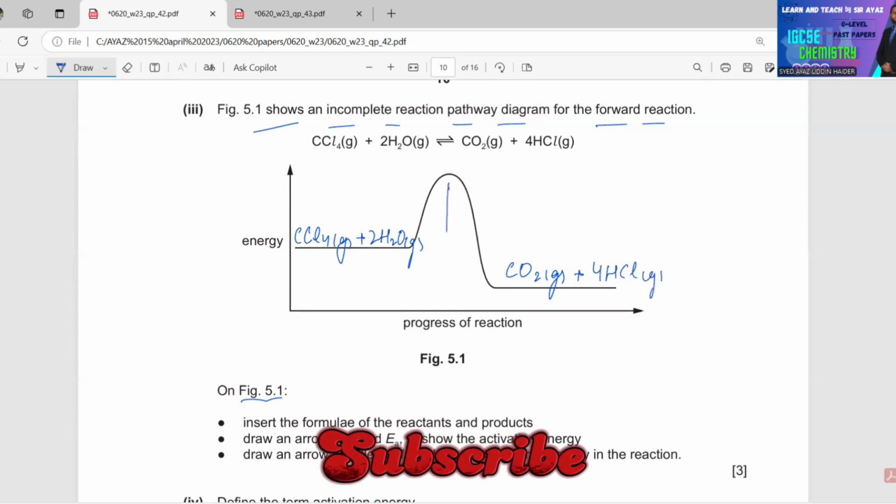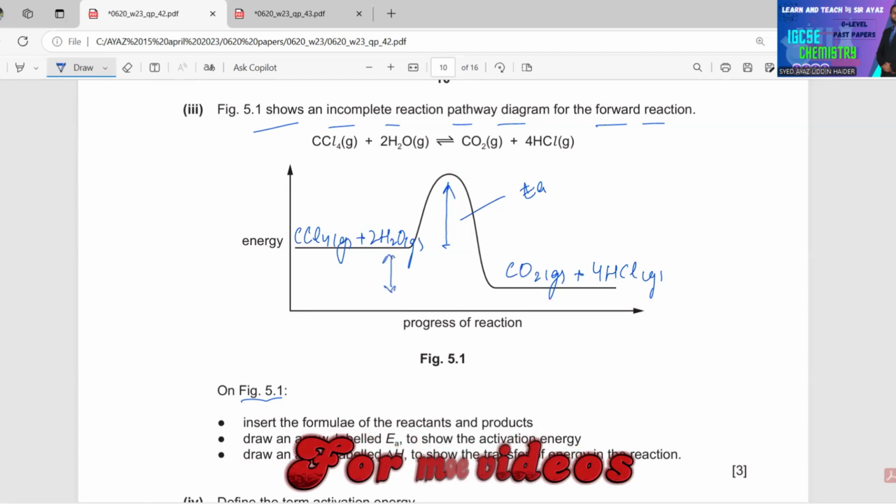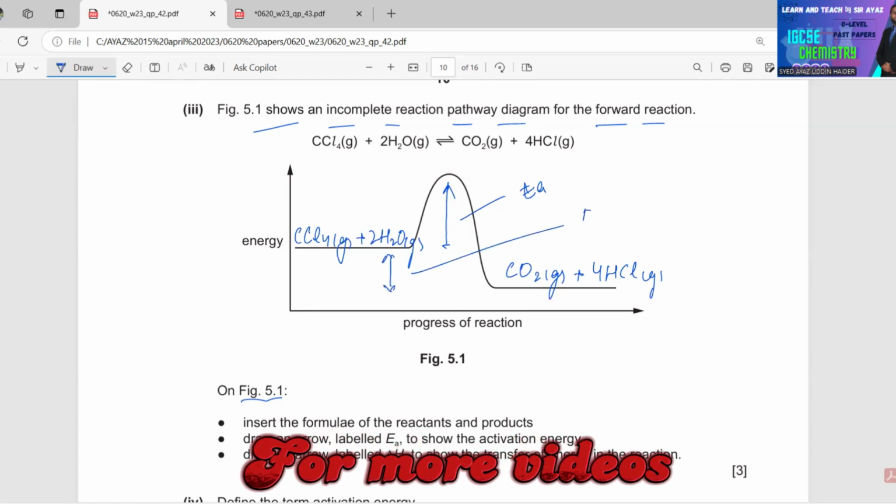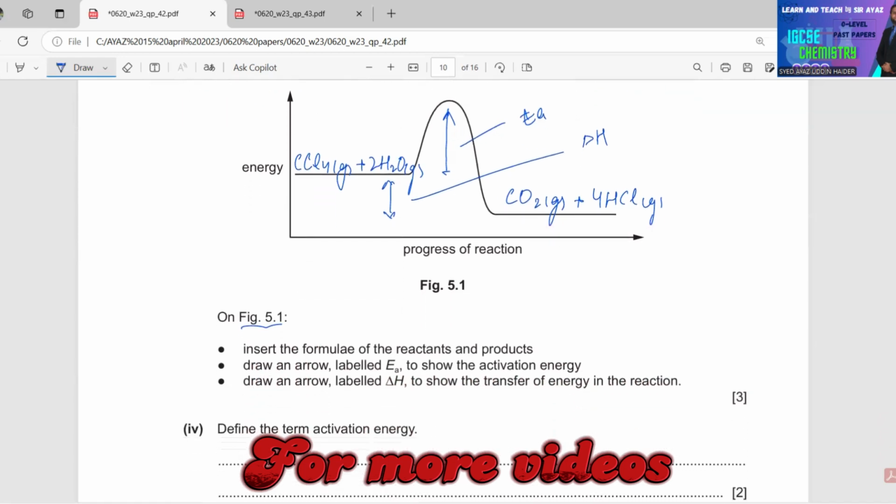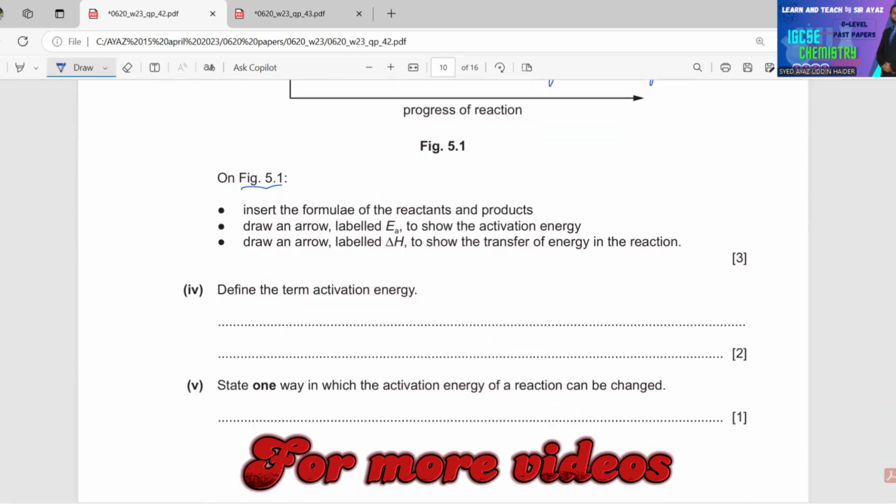This must be EA, so label it EA, and the energy difference between reactants and products is delta H. So I will write delta H. They are not asking you to show the signs. So this will be the complete answer.